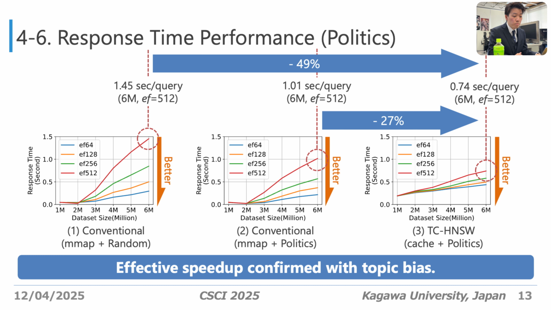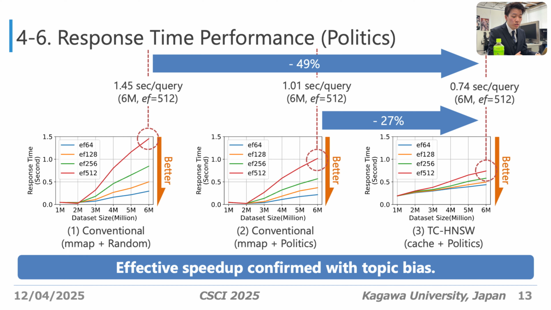Next is the politics category. This category has a clearer topic bias. For the conventional method shown in the middle, the response time is 1.01 seconds. It is faster than the baseline because the OS page cache works partially for categorized queries.